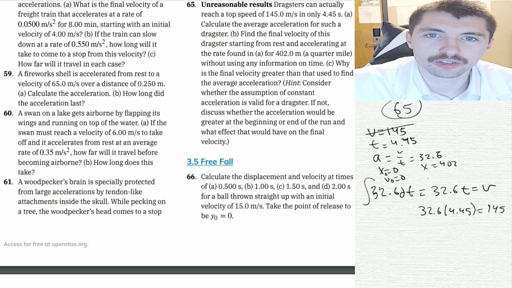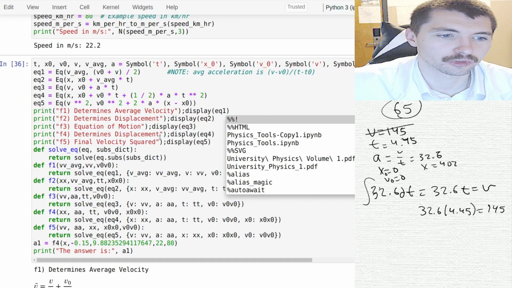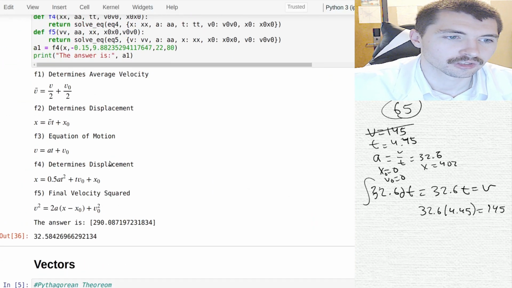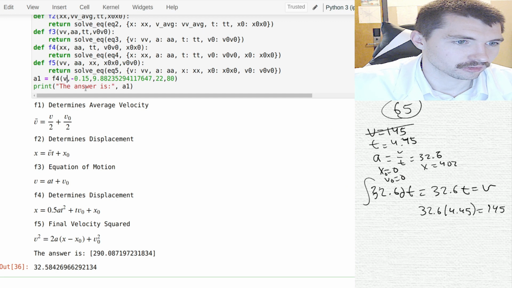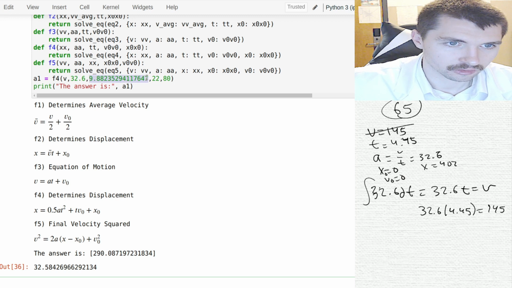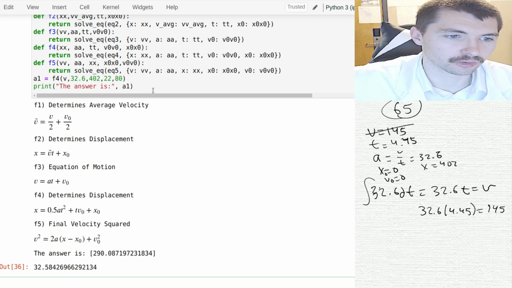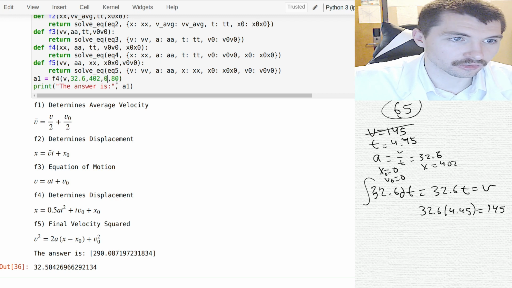Find the final velocity of this dragster starting from rest. Okay, so should be easy. So we're going to do v is going to be a is 32.6, x is 402, 0, 0.